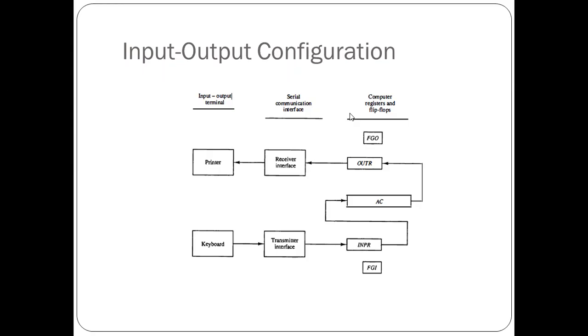So that is the comparison of input and output devices with respect to the CPU. These are very slow devices, and the CPU is a faster device. But we require input and output devices to communicate with the external environment. We give our instructions or data, which will be available in memory.